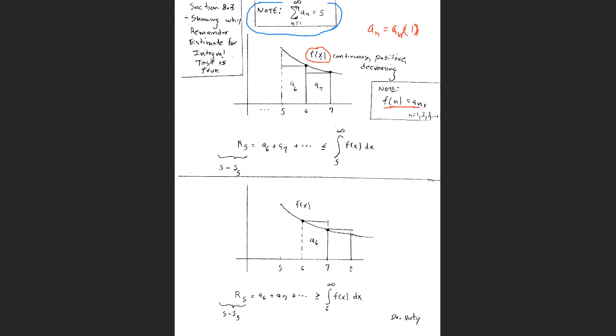For instance, a sub 6: let's say the value of a sub 6 is this value I draw here, which would be equal to f of 6.